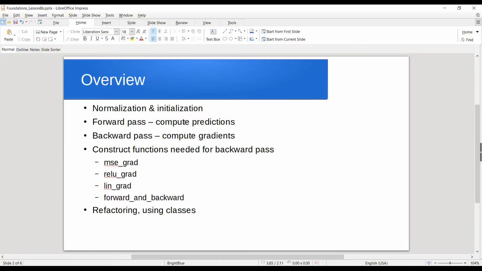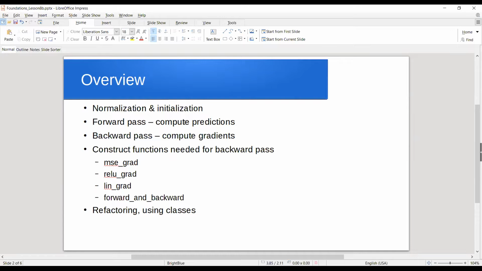Okay, so the first part of the lesson goes through normalization and initialization, which turns out to be really important because, especially in a deep network, if you don't keep your weights within certain bounds, then the derivatives tend to blow up or go to 0, and then you have a problem. Most especially in a very deep network.